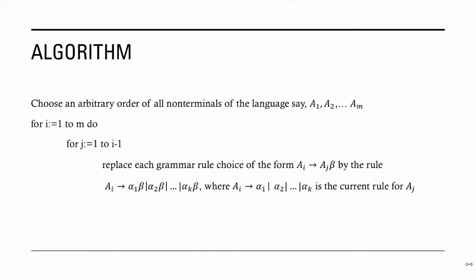So what we are doing here is, for I going from 1 to M, and in the inner loop for J going from 1 to I minus 1, we'll look at the productions of the form AI derives AJ beta.